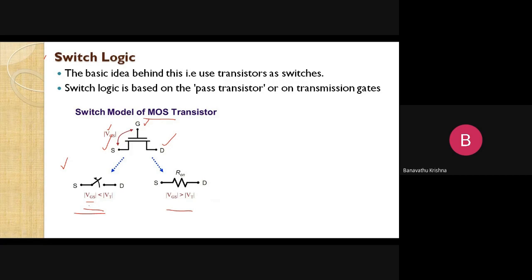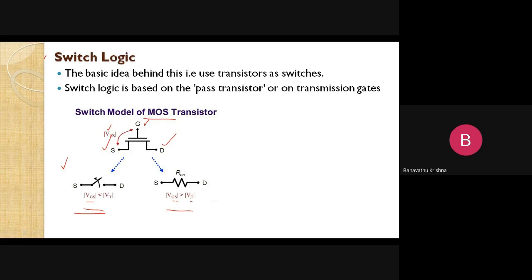So when VGS is less than VT, the device acts as an open switch, and when VGS is greater than VT, that is, when the voltage applied at the gate terminal with respect to source is greater than the threshold voltage, the device acts as a closed switch, meaning the device is in the resistive region.